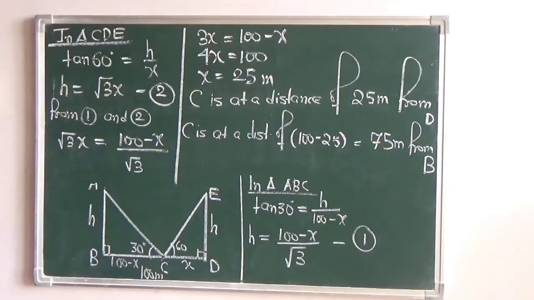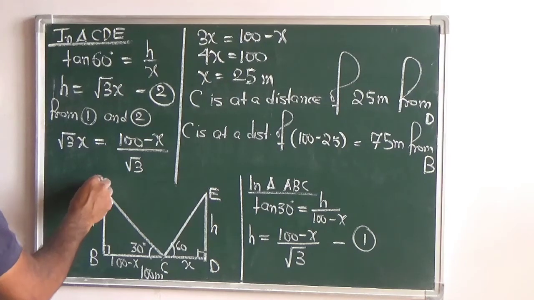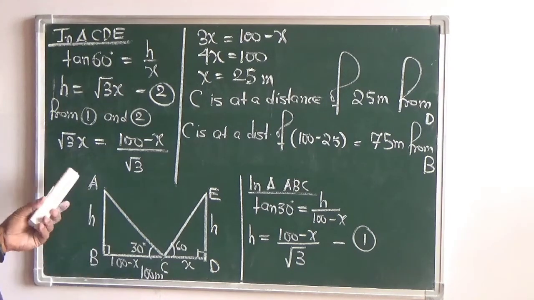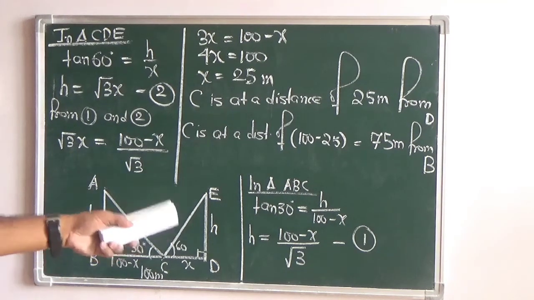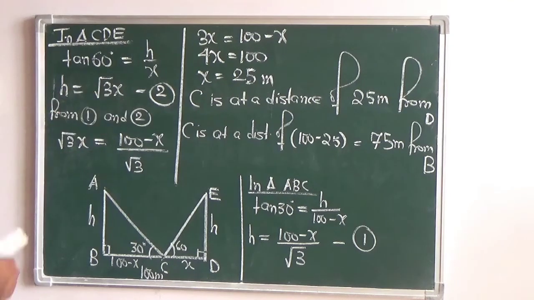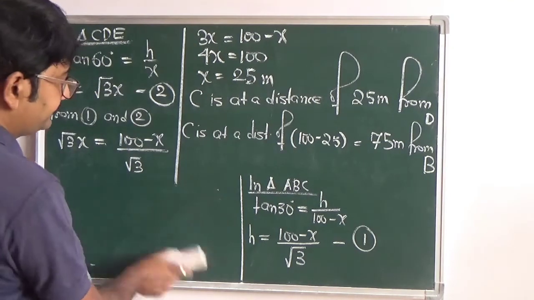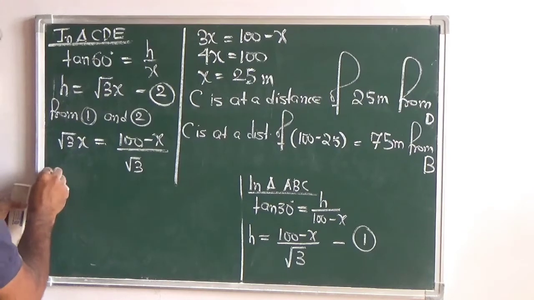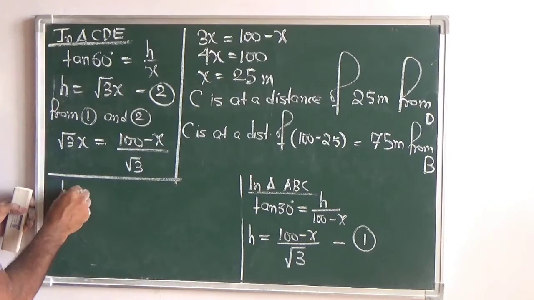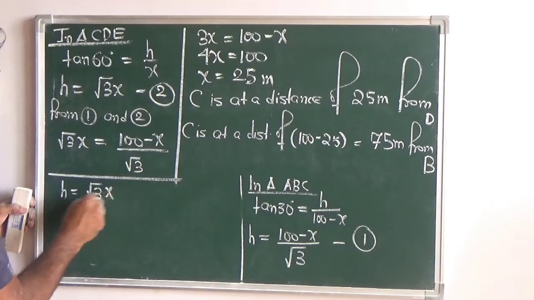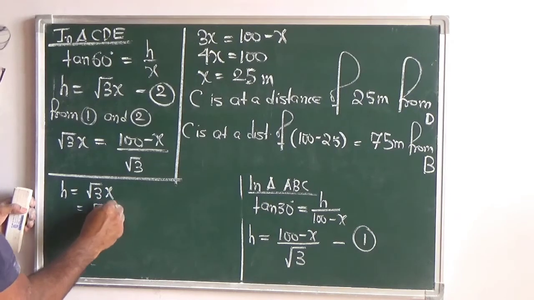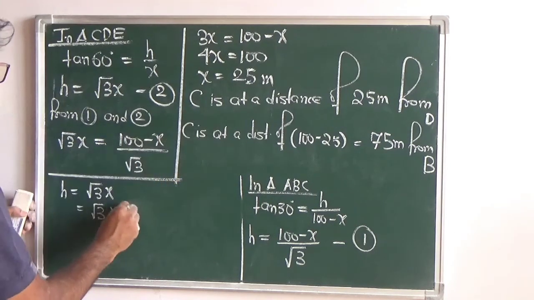Now, since you have found the first part of the question, the second part asks for the height of the pillars, which are the same. We can put the value in any one of the equations, 1 or 2. Putting it in 2, H equals root 3 into X, the value of X is 25.